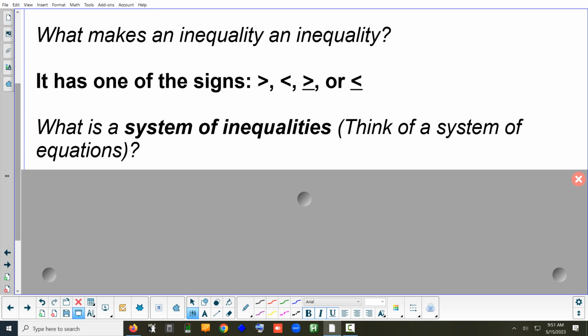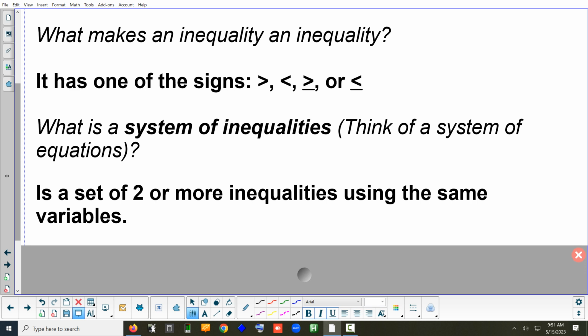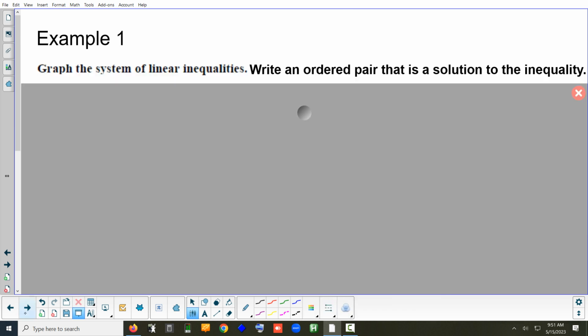We usually had to solve for 2, x and y. And that means if we were solving for 2 variables, we had 2 equations. Well, now we're going to do the same kind of thing, but we're going to have 2 inequalities. So we're going to have 2 things that each have one of those 4 symbols. We have to have a set of 2 or more inequalities, and they have to use the same letters.